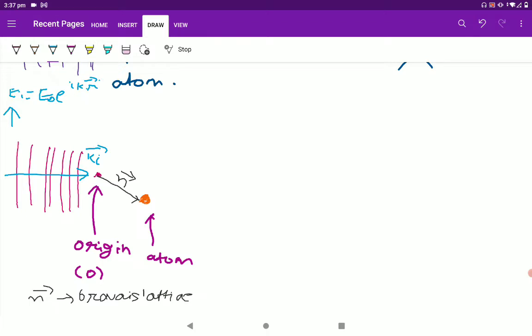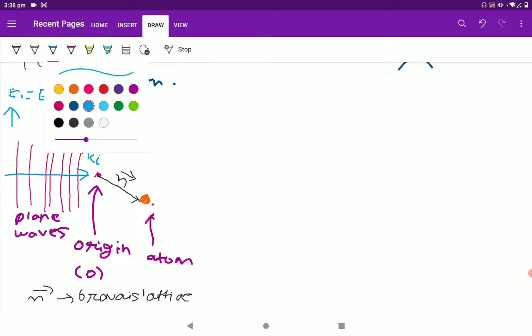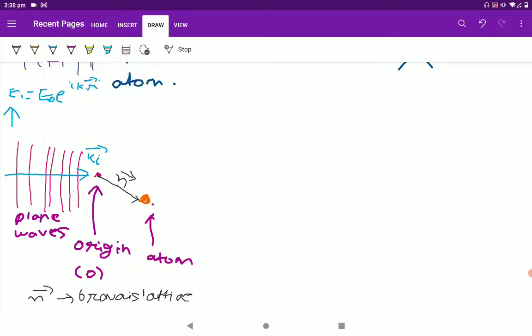We have ignored the frequency term because in elastic scattering the frequency doesn't change. So when this atom gets hit by these arriving plane waves, they generate spherical waves which go outside in any direction.